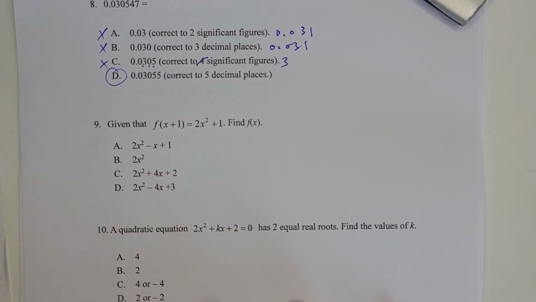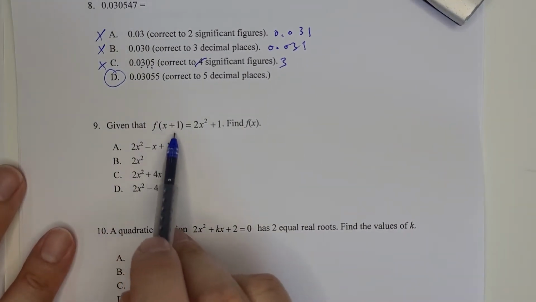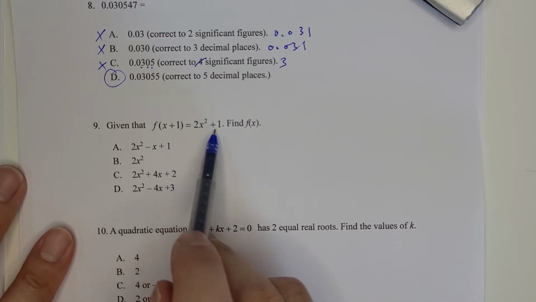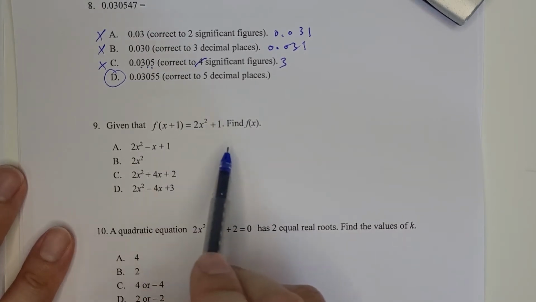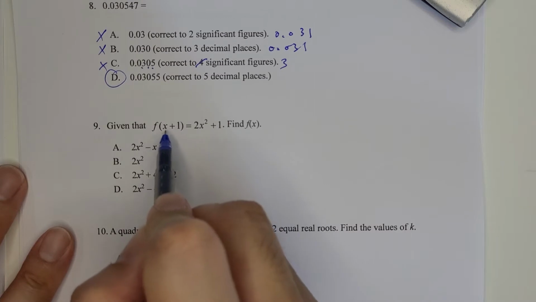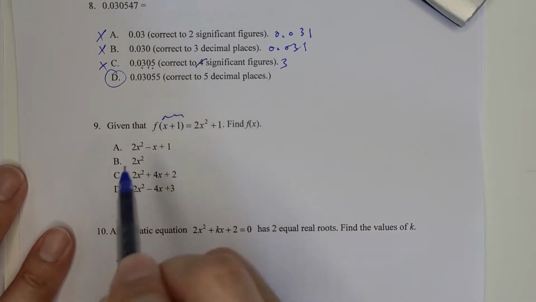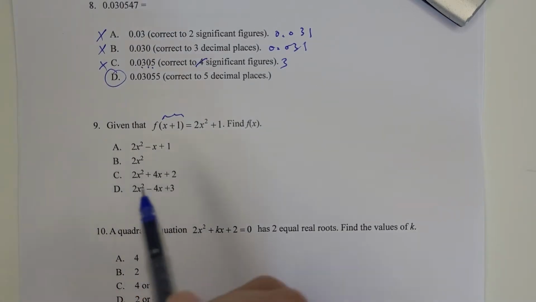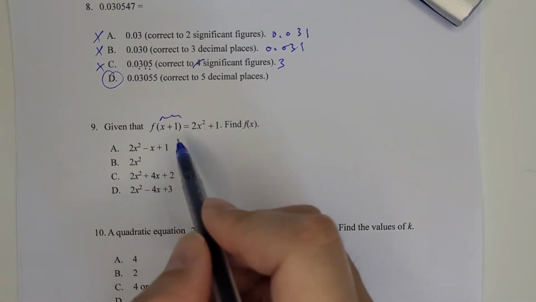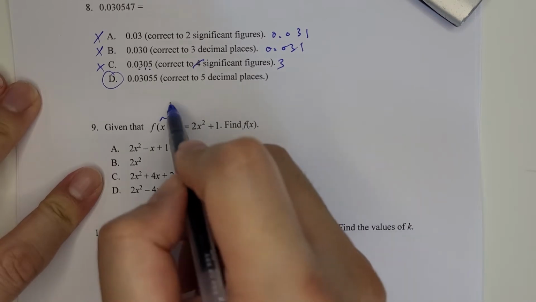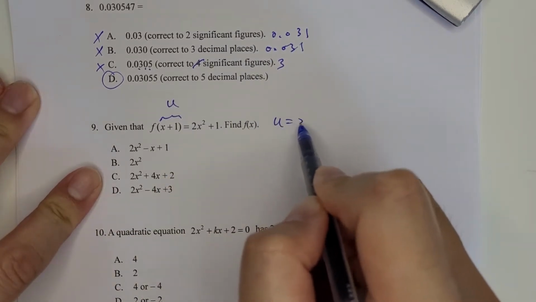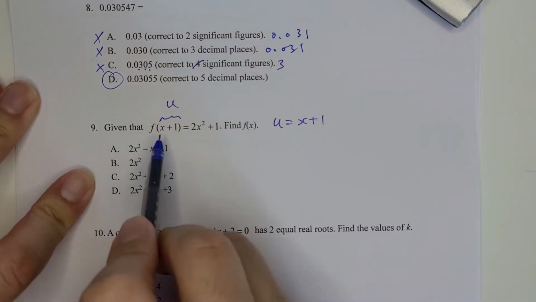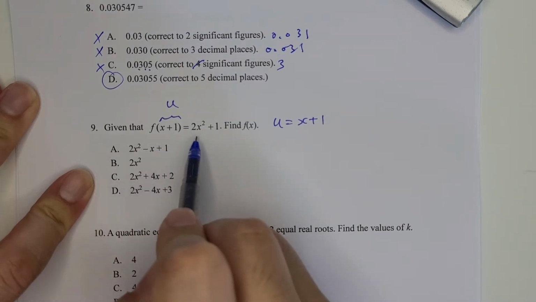For question number 9, given that f(x plus 1) equals 2x squared plus 1, find f(x). That's quite tricky. Since you see that inside the function, there's not x only, there's x plus 1. So you need to use another variable to replace this. We let u equal x plus 1. Then how about x?